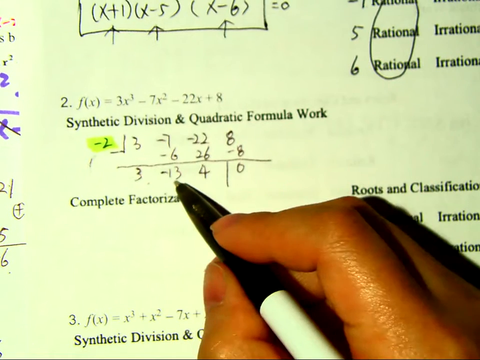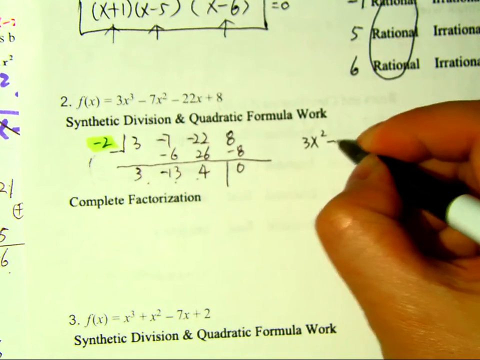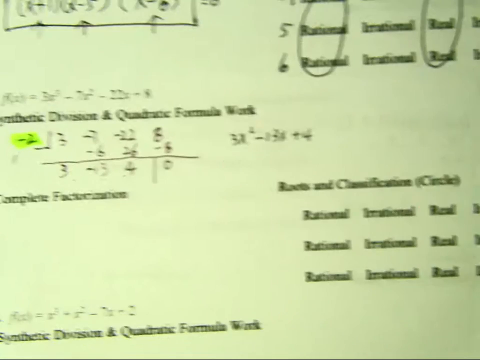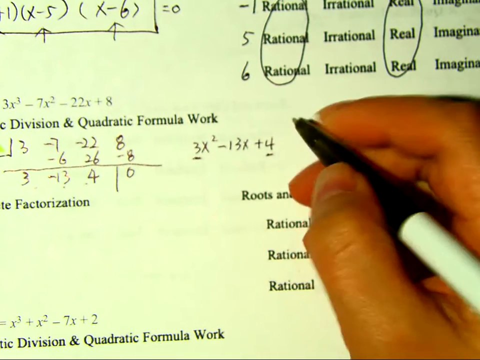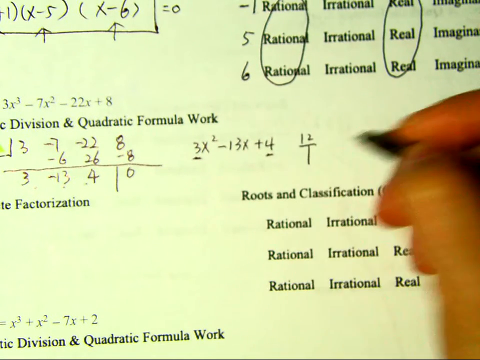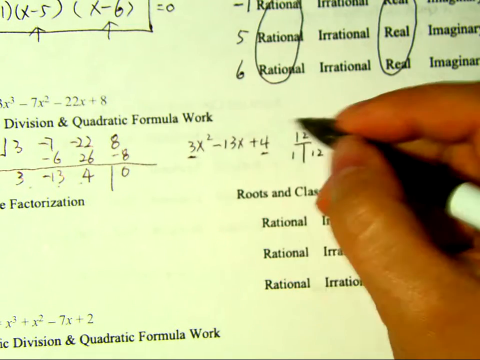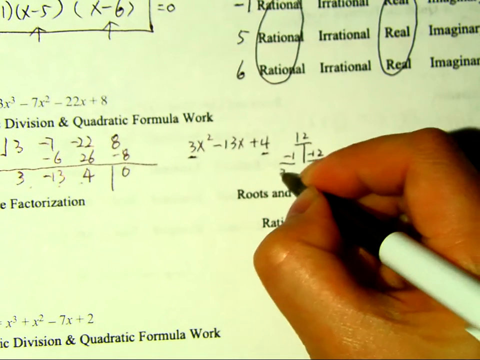So those are the 3 numbers we need for the answer: 3x squared minus 13x plus 4. And then we can continue to factor this one. 3 times 4 will be 12. And factor 12 into 1 and 12. We need a negative 13, so both of them need to be negative. And divide by 3x.